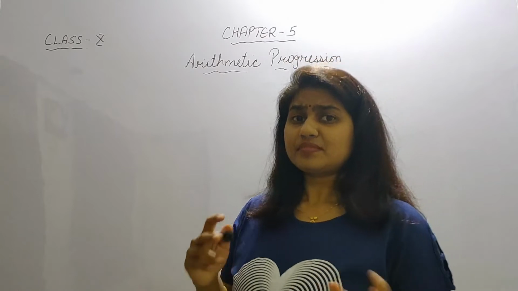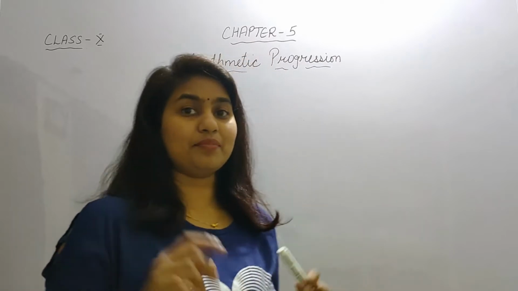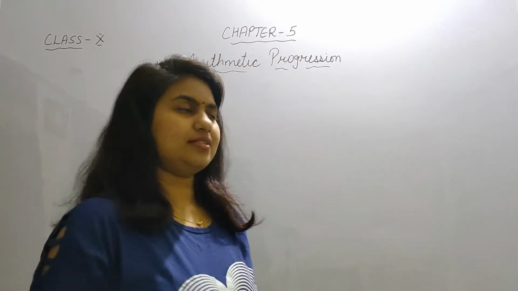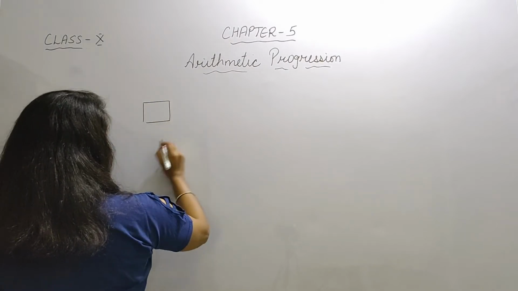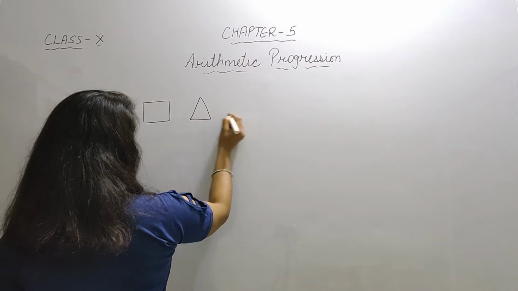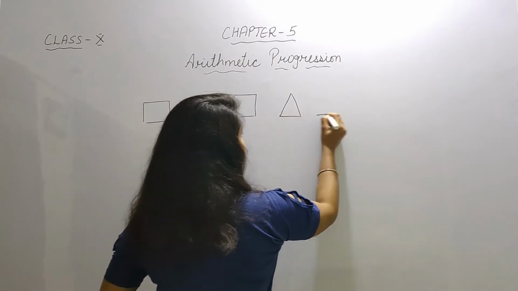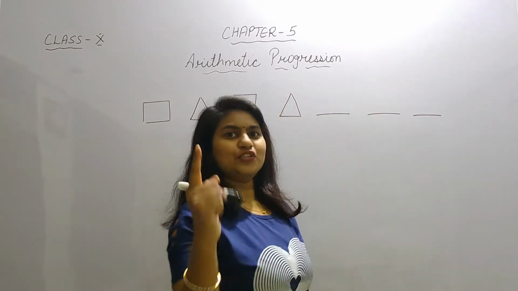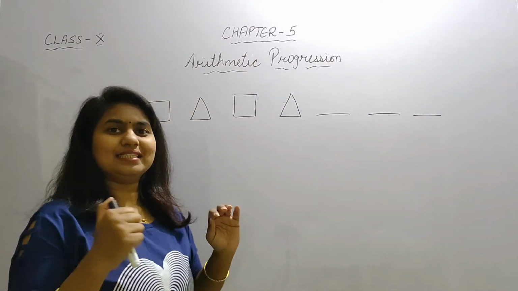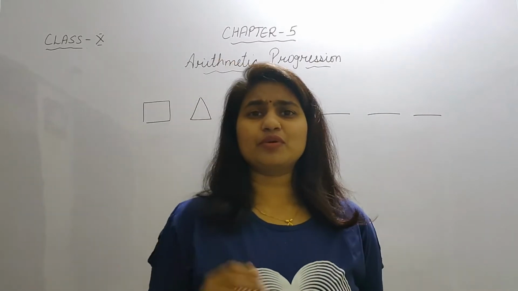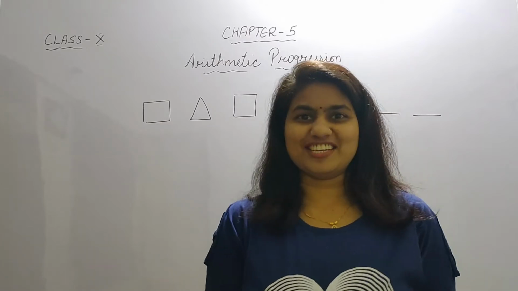So let's start. Before starting, I just want to ask something. Maybe this is very easy for you all. I have drawn a square, then triangle, then square, then triangle, and you have to complete this pattern. I hope this seems too easy for you all because you have already done all these things in your KG classes, right?